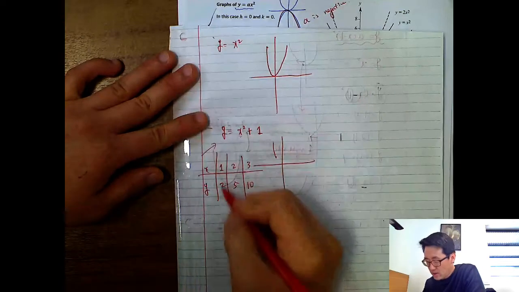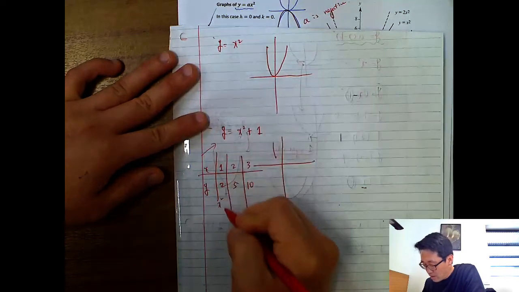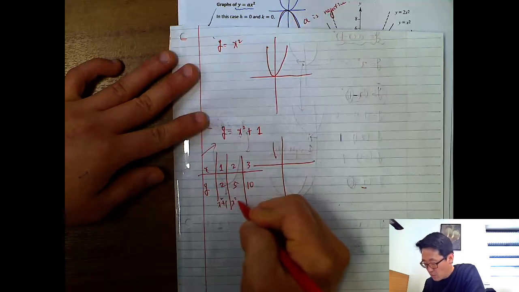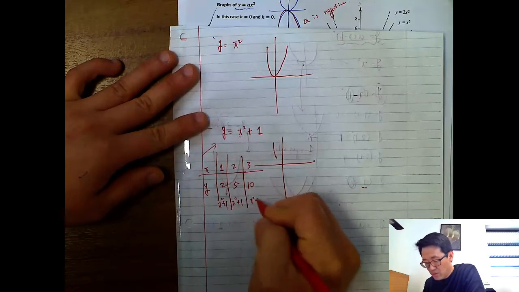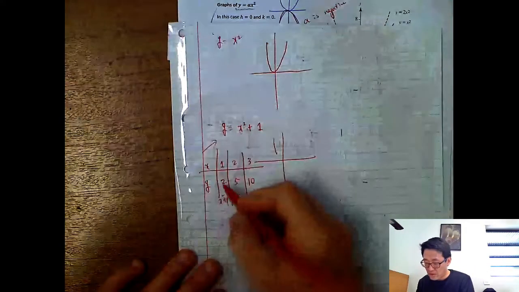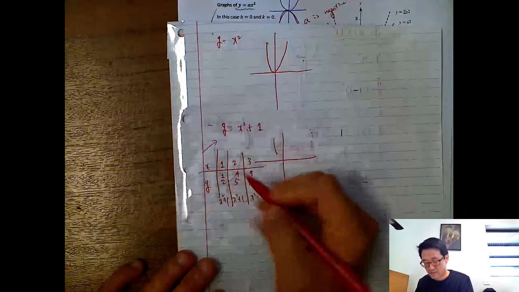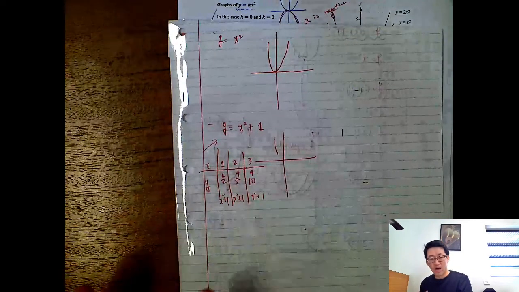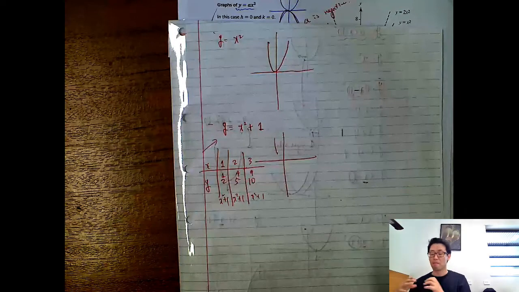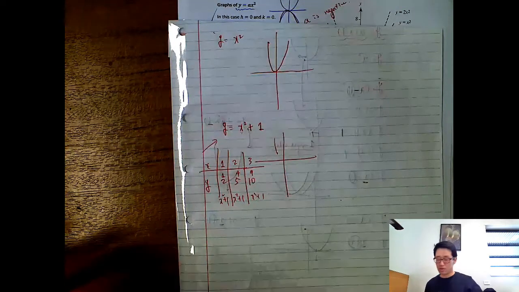So you realize this value is actually the value of x squared plus 1. Previously I had 1, 4, 9. All I've done is make the y value 1 bigger than the x squared form. That makes sense? That's how you look at it.